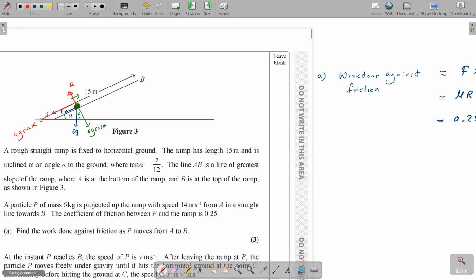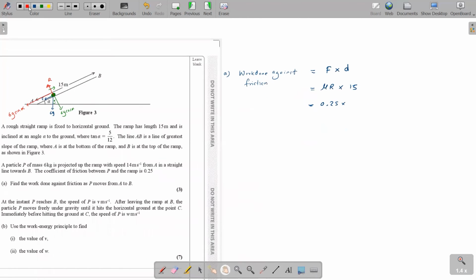Are you with me? So R is equal to what? You can very clearly see R is equal to 6g cos alpha, because these are the two forces acting perpendicular to the plane. So the work done is 0.25 times R, which is 6g cos alpha, multiplied by 15.